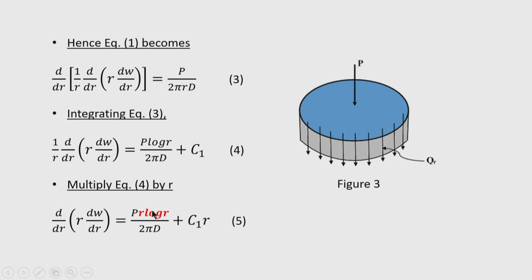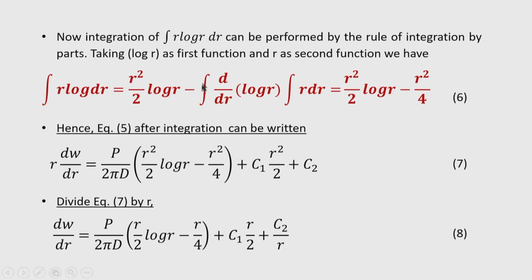Now, you can see I have marked it with red color r log r, because this is a product of two functions of r. That means when I again integrate, I require to integrate this expression r log r with respect to r using the integration by parts rule.